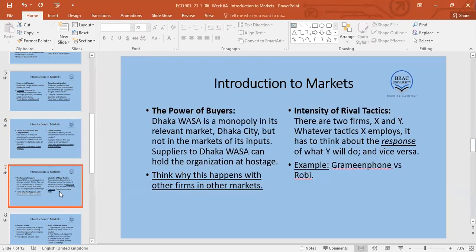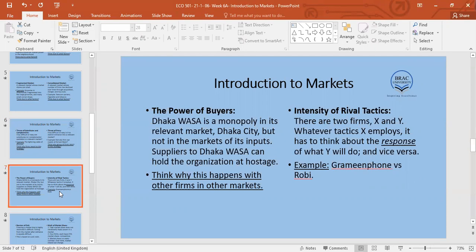Now, we defined markets by the number of sellers. Dhaka Wasa is the water and sewerage authority in Dhaka city, just like Chittagong Wasa. And Dhaka Wasa is a monopoly. It's a single seller that provides water to the entire Dhaka city, and Chittagong Wasa does the same for Chittagong city. But in the factor market, Dhaka Wasa is not a single buyer. It's a competitive buyer.